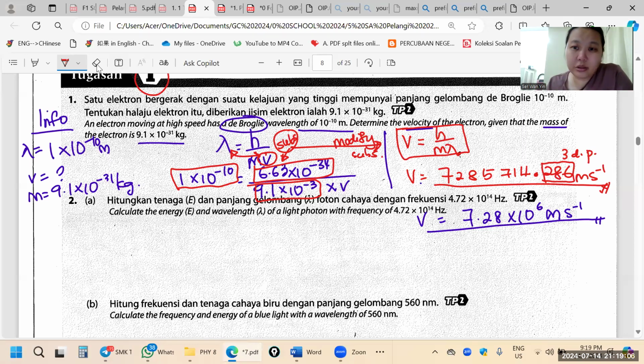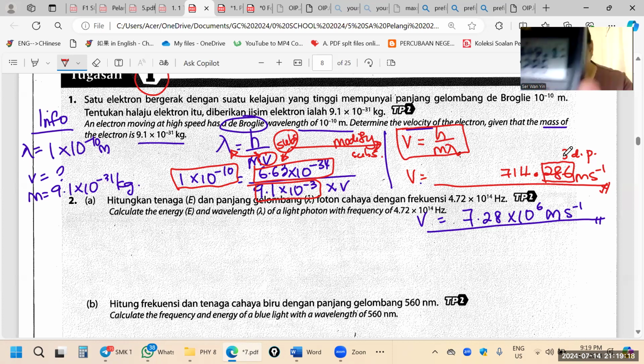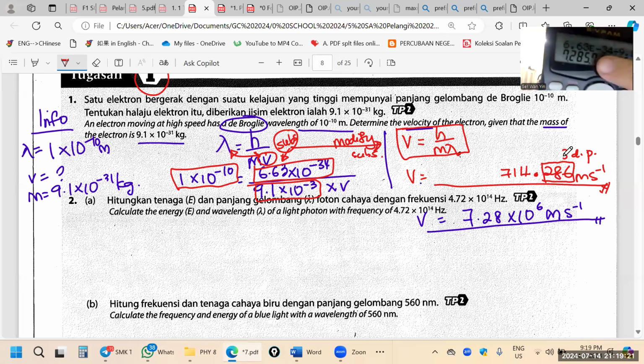And I encourage you to write your number starting from the back, 3 digits, space up. From my calculator, you can see comma, comma. So 3 digit space up, then 285 space up, 7.